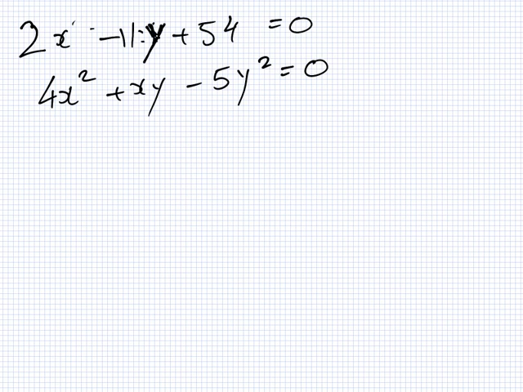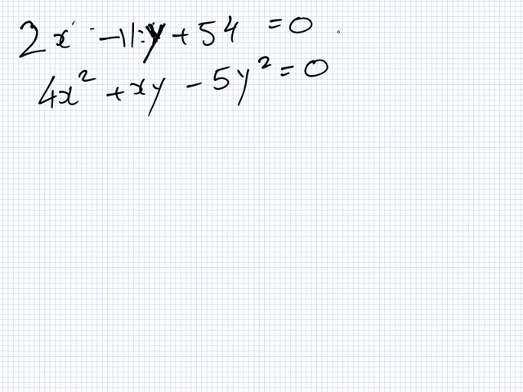Okay. These are our two equations here. As you can see, this is harder than the last one because both equations have x and y in a sort of complicated way. But the idea is still the same. We still need to find y from the first one and put it into the second one.